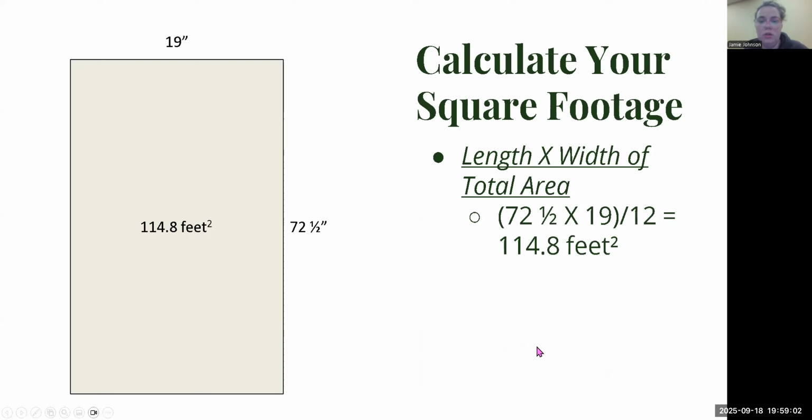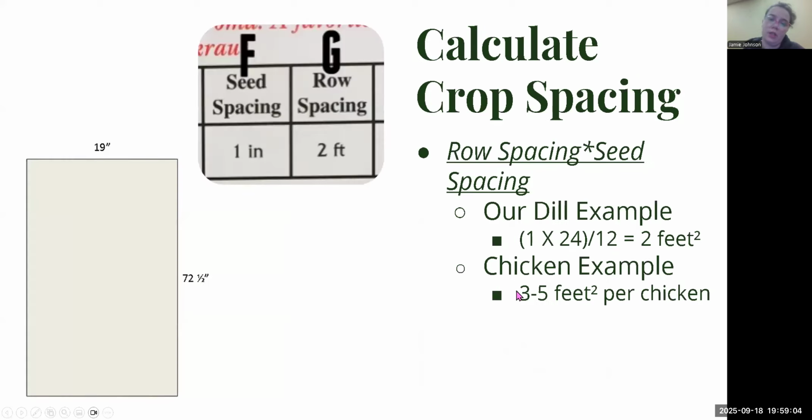Then we jump into calculating crop spacing, which, if you look back on our gardening basics video for reading plant seed packets, is pulled directly from that dill example. Why do I have chicken examples here? You can tell I also didn't update this.